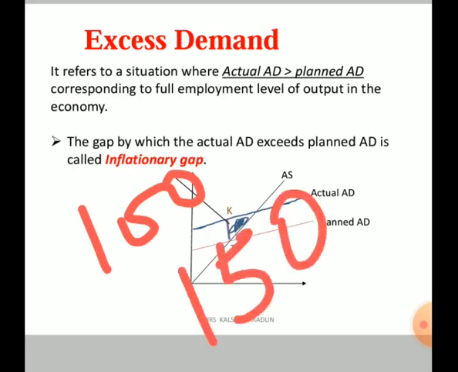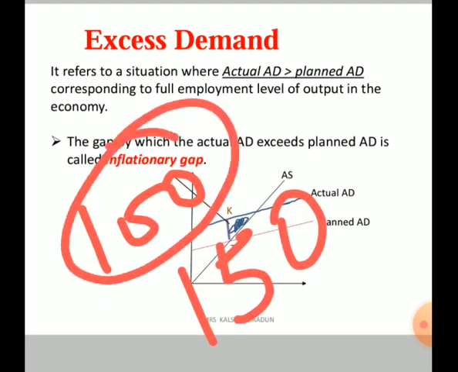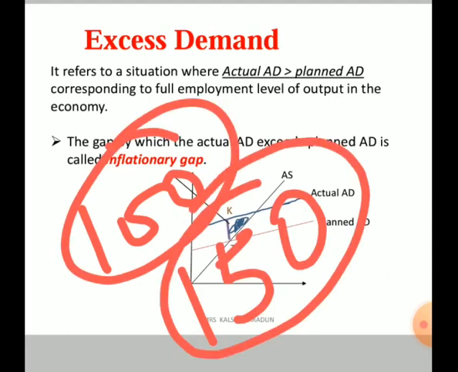So the planned was 100, but the demand becomes 150. So actual aggregate demand becomes greater than planned aggregate demand.